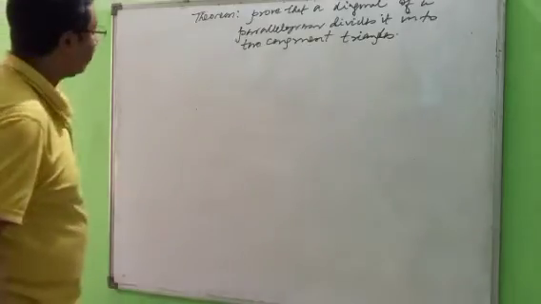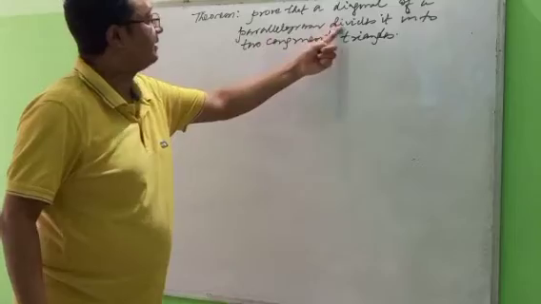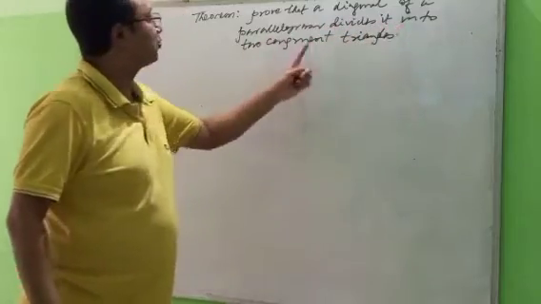So the first theorem proves that a diagonal of a parallelogram divides it into two congruent triangles.